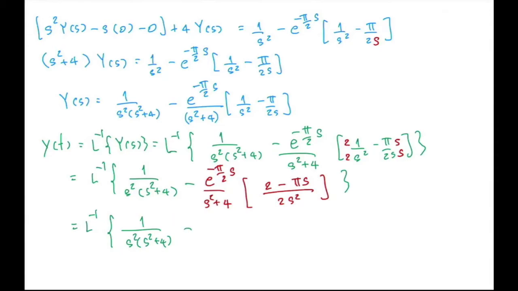minus (2 minus pi s) divided by s squared plus 4 times 1/2 here out. Guys, the 2 here, I can pull it out here. Okay, and then I get s squared. And here we have e to the minus half pi s.